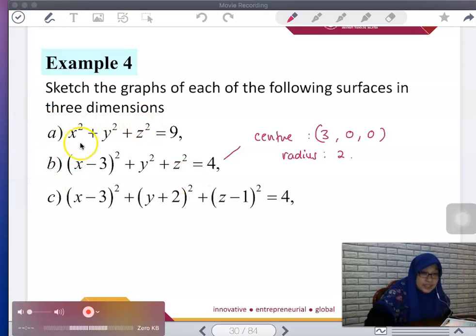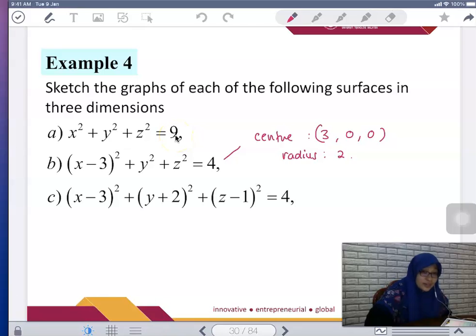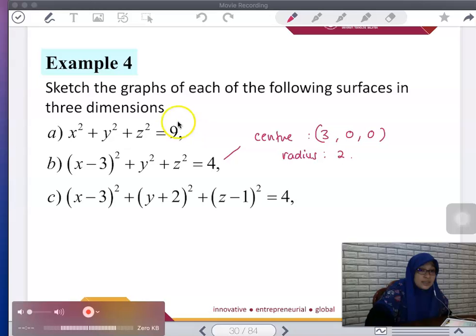Okay, now for the origin just now, before we proceed on example B, we look at example A that we have discussed. You can see that this one is a sphere where the center is at the origin and the radius is 3. It doesn't matter what the value of the radius is, we just look at the center.